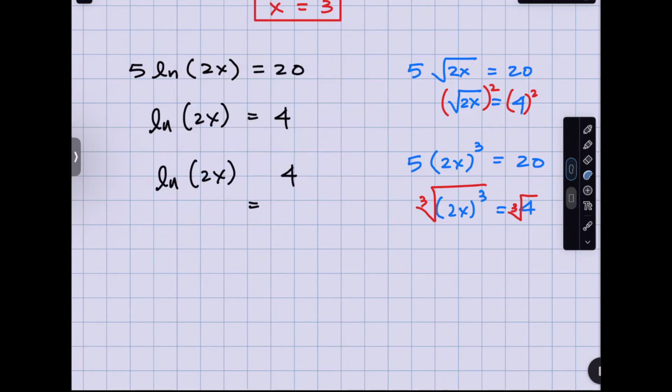Very, very not close. What's the opposite operation of ln? I gave you a whole list of opposite operations in the last class, and the last class, and the last class.